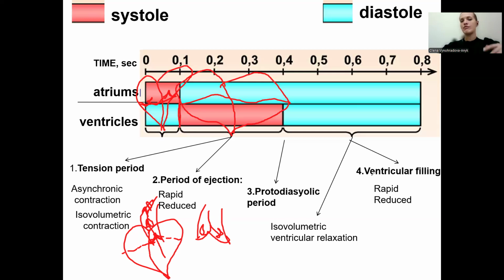After that we have relaxation. First, it will be isovolumetric ventricular relaxation, so again, without change of volume. After that, ventricular filling, because our heart will be relaxed and all blood so easily moves from atriums to ventricles directly. And the last phase will be contraction of atriums.